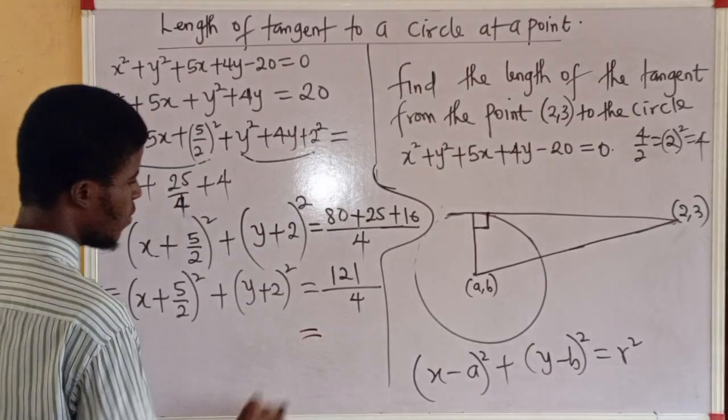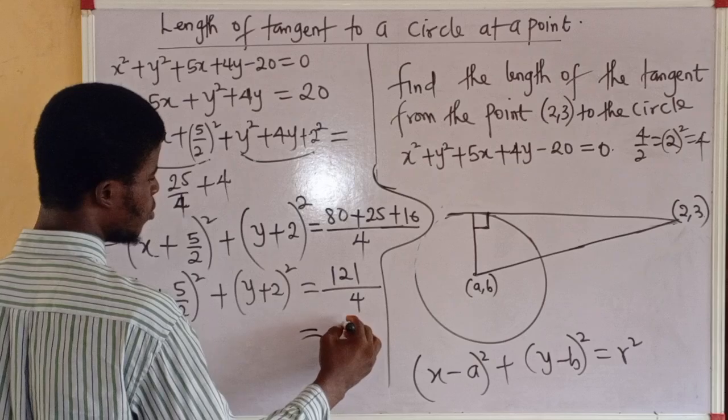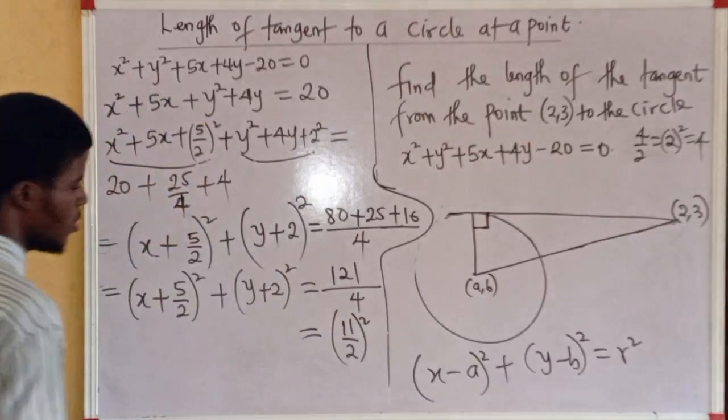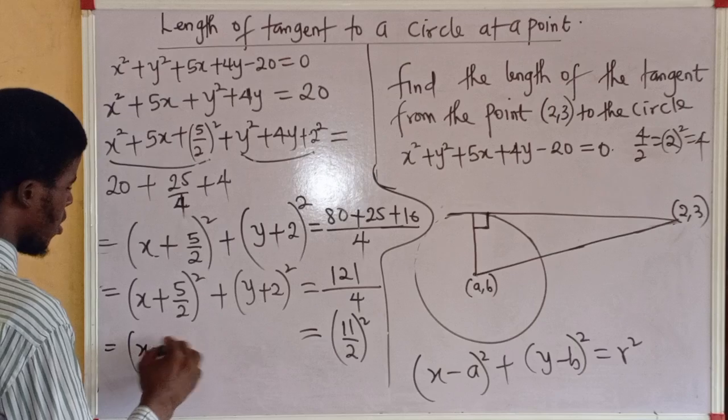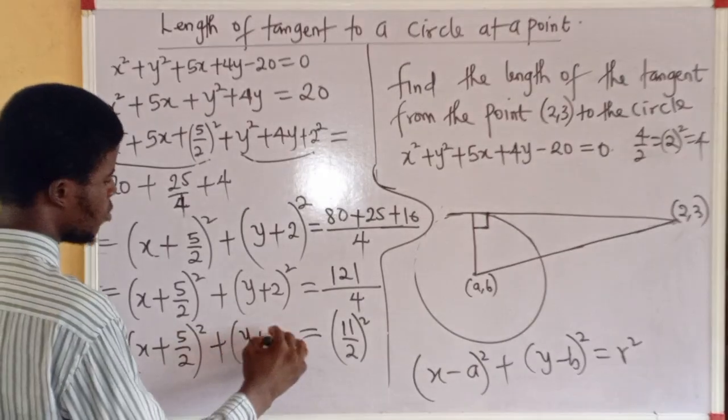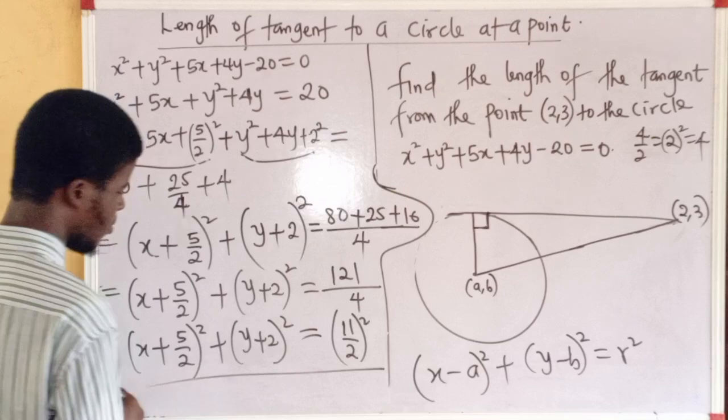So 121 over 4 is equivalent to 11 over 2 all squared, right? So we have x plus 5 over 2 all squared plus y plus 2 all squared equal to this.